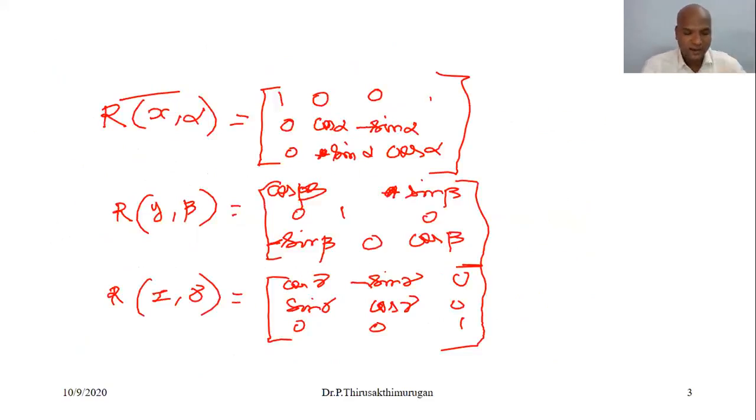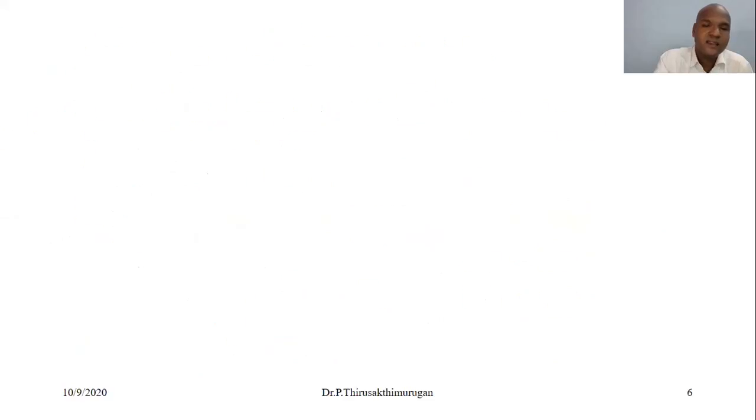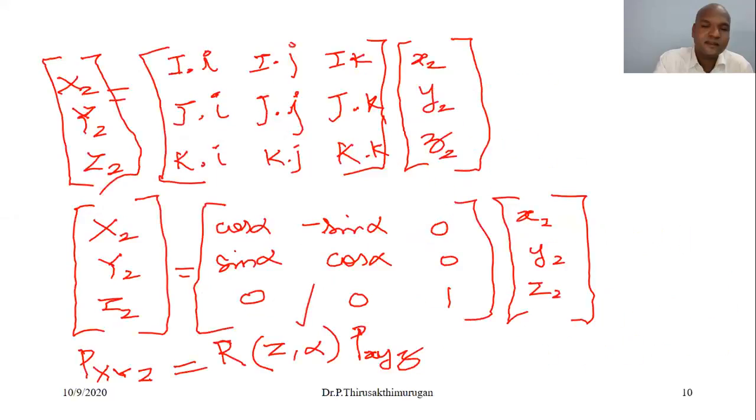Here I considered gamma while doing the proof, and I substituted alpha. Sorry, just understand whatever it may be. You can represent alpha or beta, but about the z-axis the matrix is cos alpha or gamma.